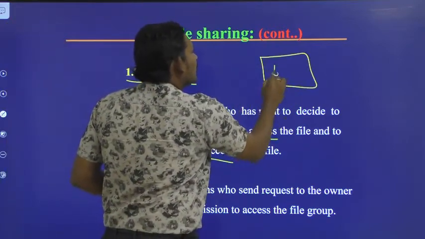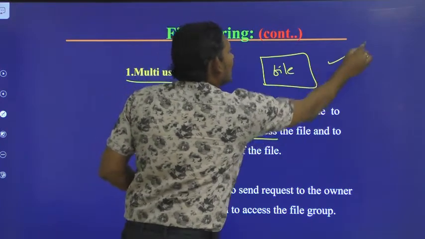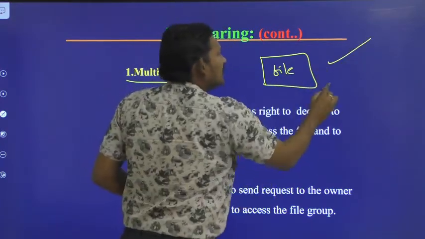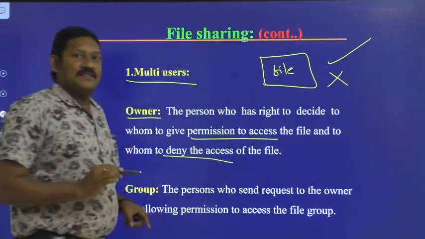He is the owner of the file, so he will allow the access, give permission for accessing, or he may deny the access.